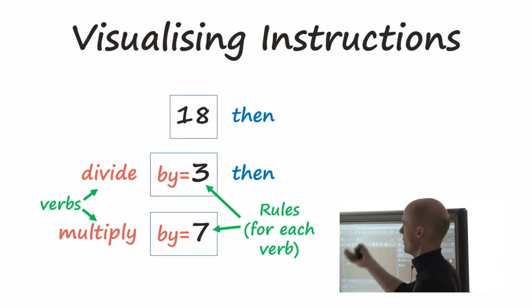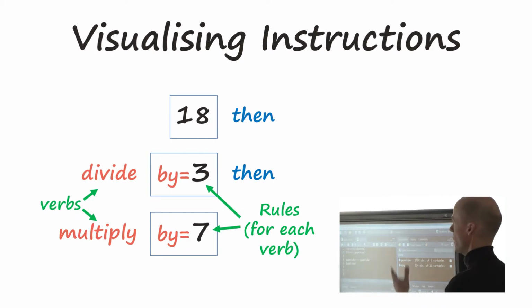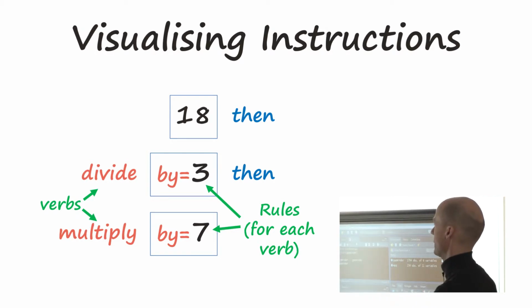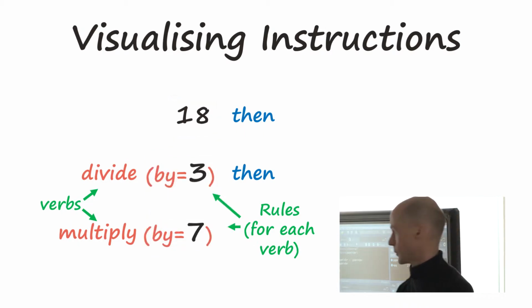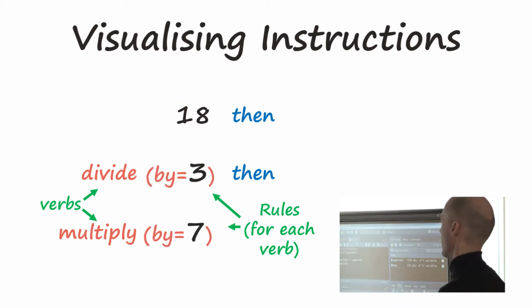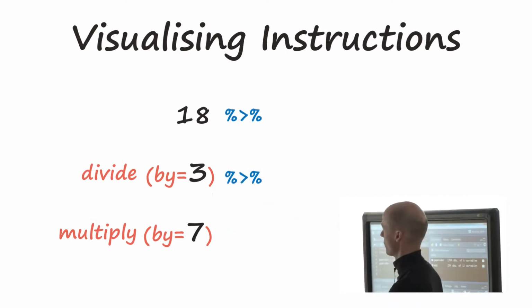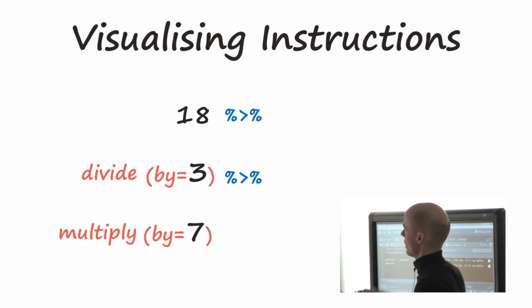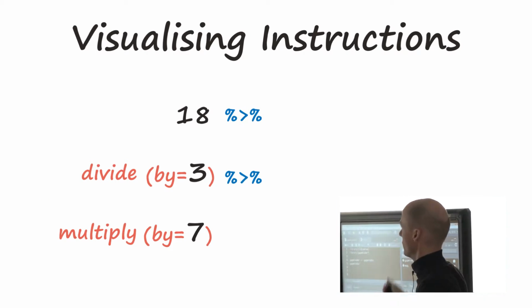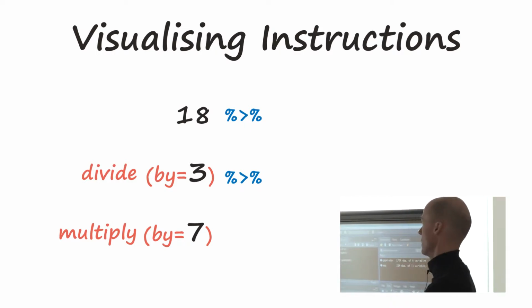So by equals 3 is a rule, by equals 7 is a rule, and the verbs are on the left there. And then just remove the boxes and replace them with brackets, and that's starting to look a bit more like a function you might give to R. Because I've just replaced then with a symbol, so then is just a symbol we've given meaning to.